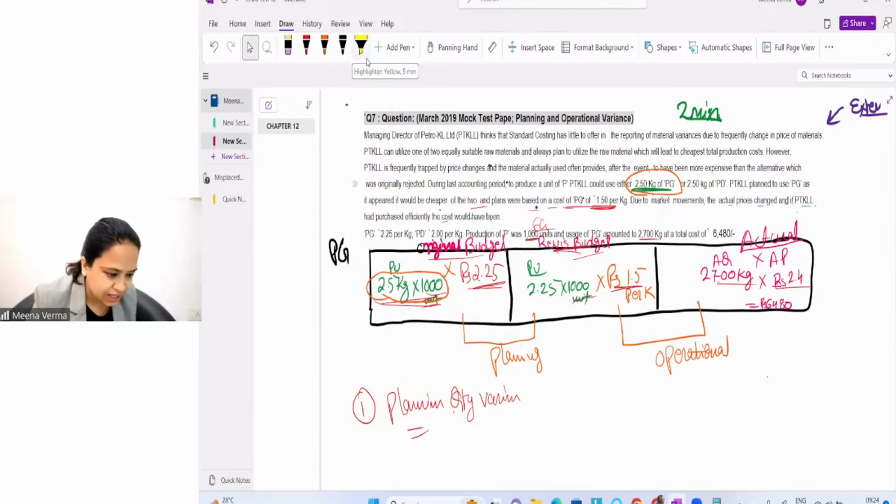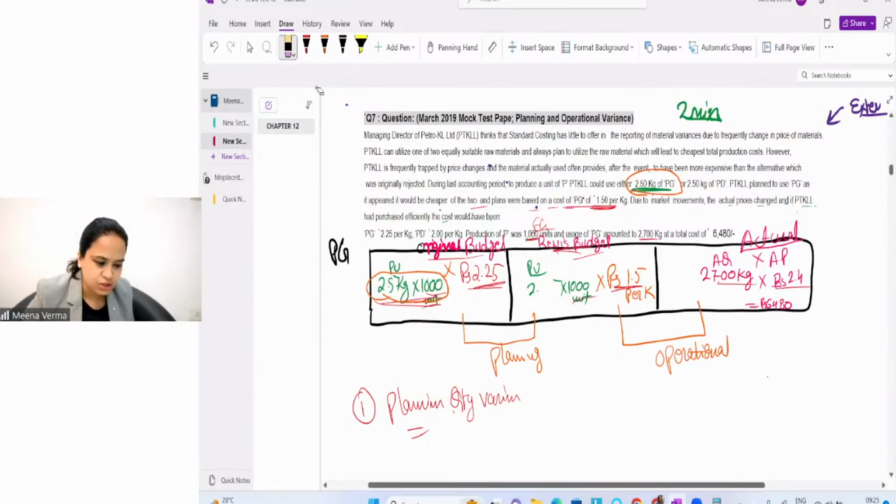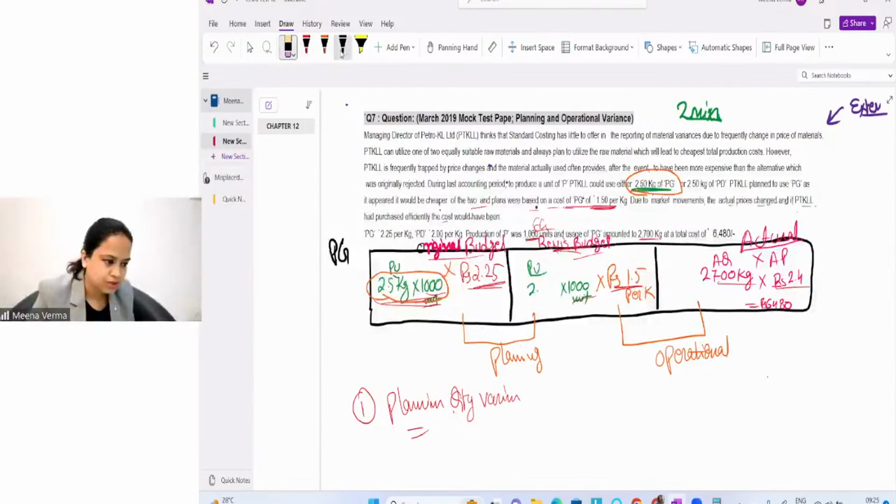I can't see any quantity mentioned anywhere. Okay, so it is not mentioned, so I will assume it will be 2.5 kg only, because a revised quantity is not mentioned anywhere in the question. You can read the question carefully and tell me, is the revised standard quantity for the production of final good mentioned somewhere?